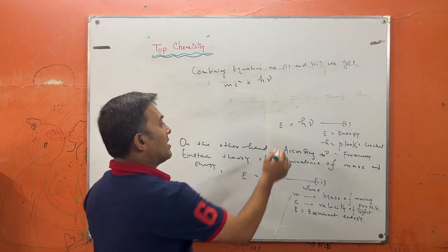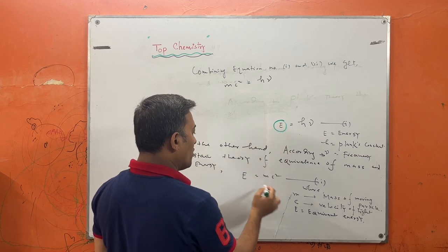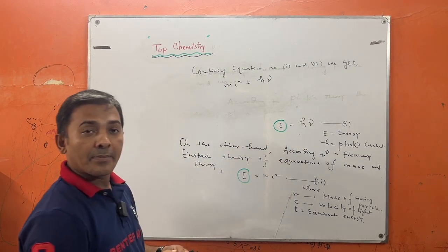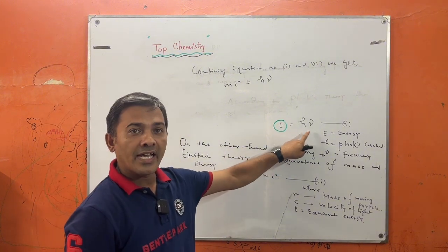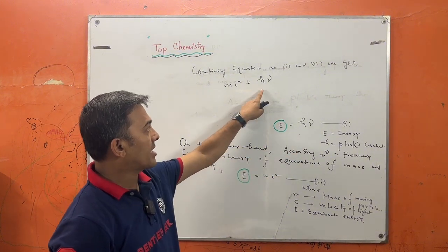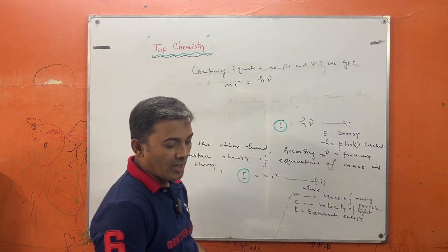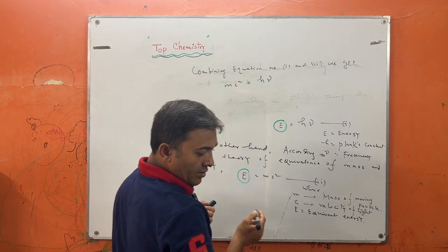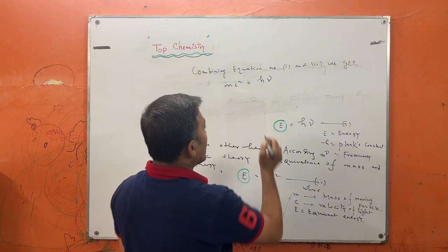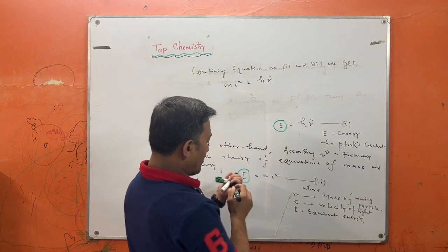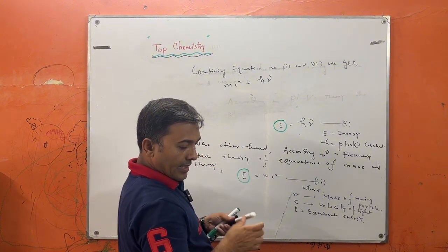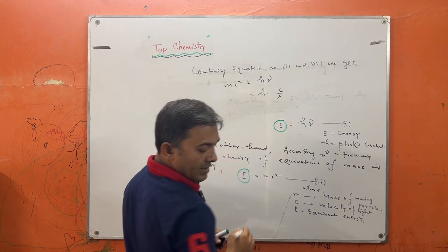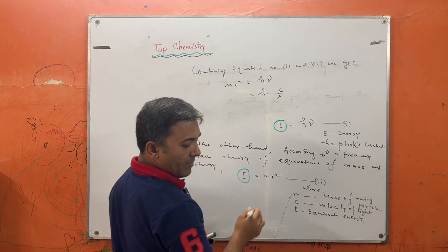We have seen that E equal to h nu equal to mc square, so we can write h nu equal to mc square, or mc square equal to h nu. h nu equal to h into c by lambda, equal to hc by lambda.